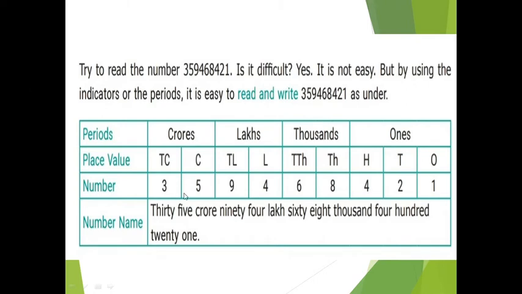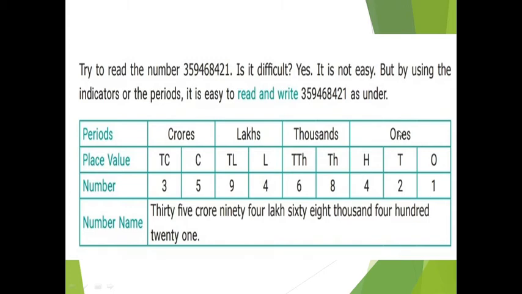So I'm writing this number: 359468421. Now we are going to read this using a place value chart. First place is ones, tens, hundreds, thousand, 10,000, lakh, 10 lakh, crore, 10 crore. So the answer is 35 crore 94 lakh 68,421.